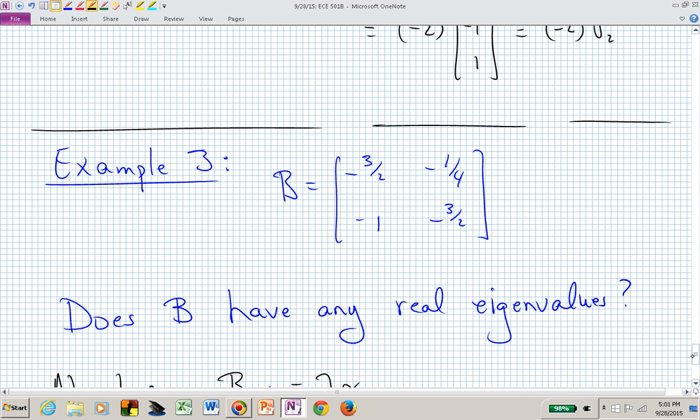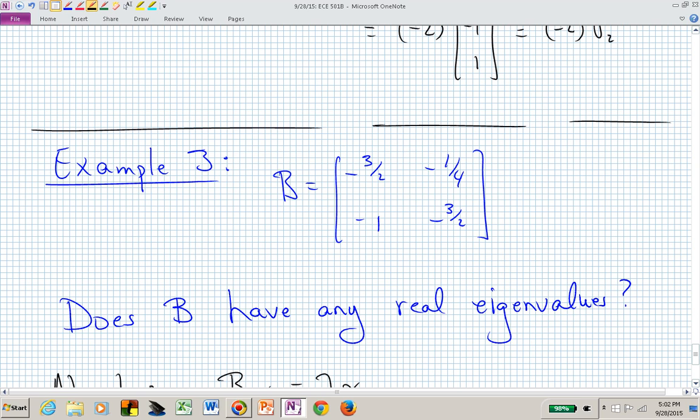So now the question from the back was, do the eigenvectors have to be real, or the eigenvalues have to be real? So now, are the eigenvalues real? We don't know. We are starting right now with real numbers making up the elements in our matrix B. We are going to determine whether or not we have real eigenvalues.